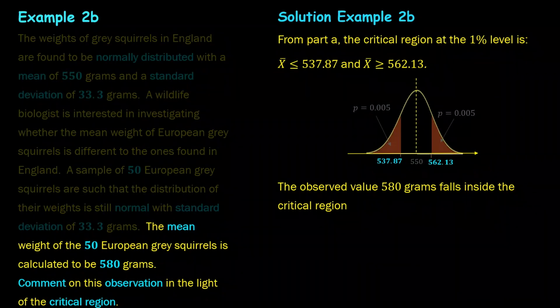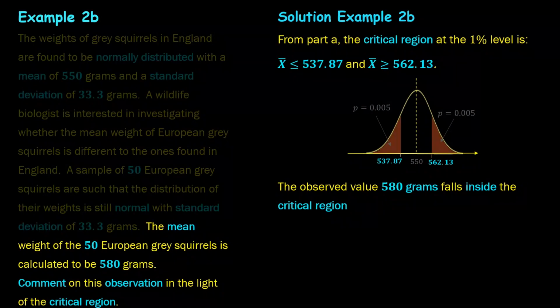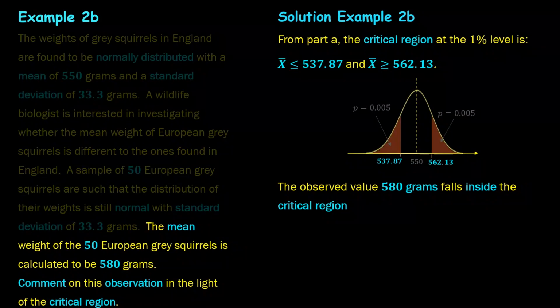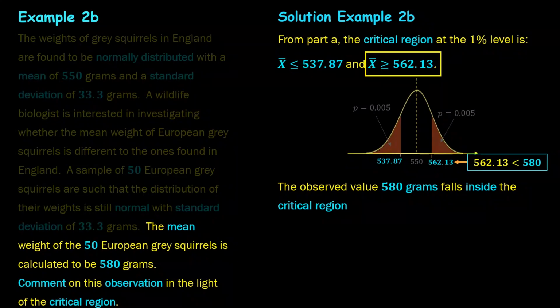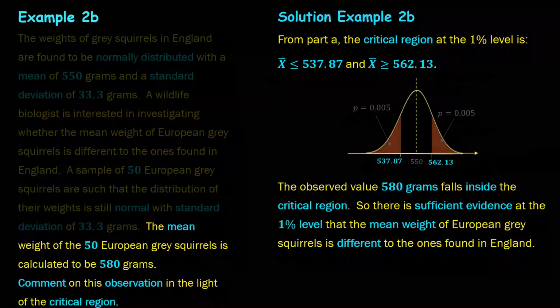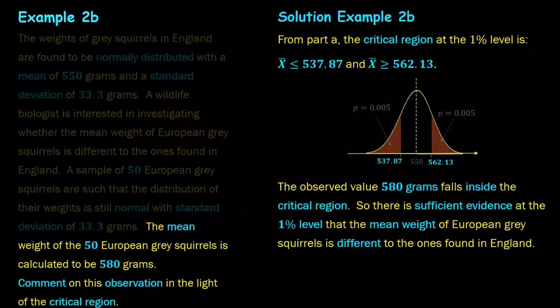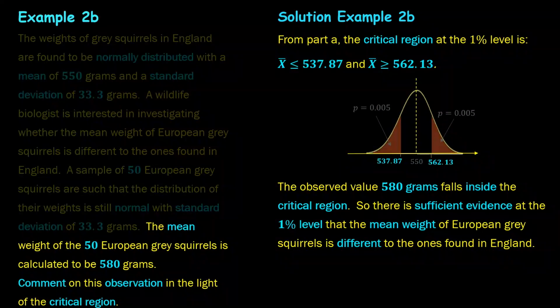In particular, it's greater than 562.13. And therefore there is sufficient evidence at the 1% level that the mean weight of European grey squirrels is different to the ones found in England.